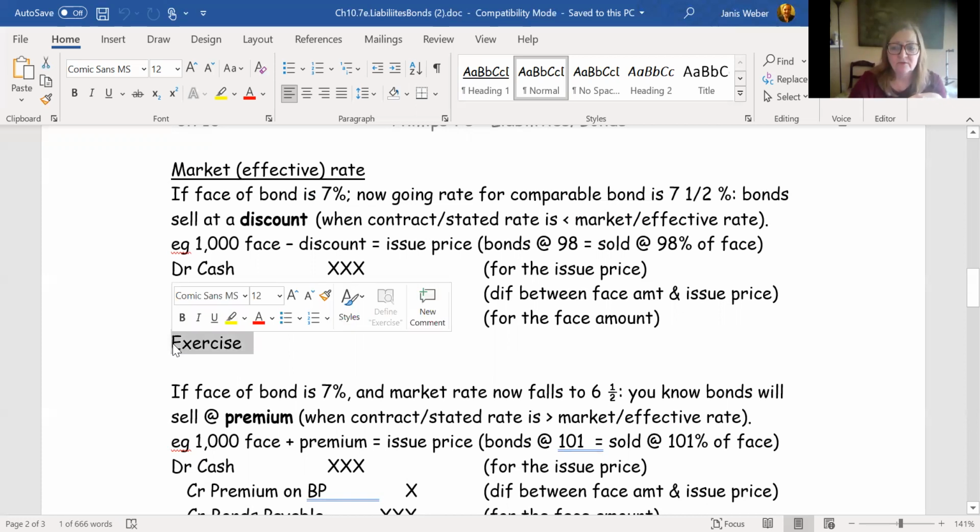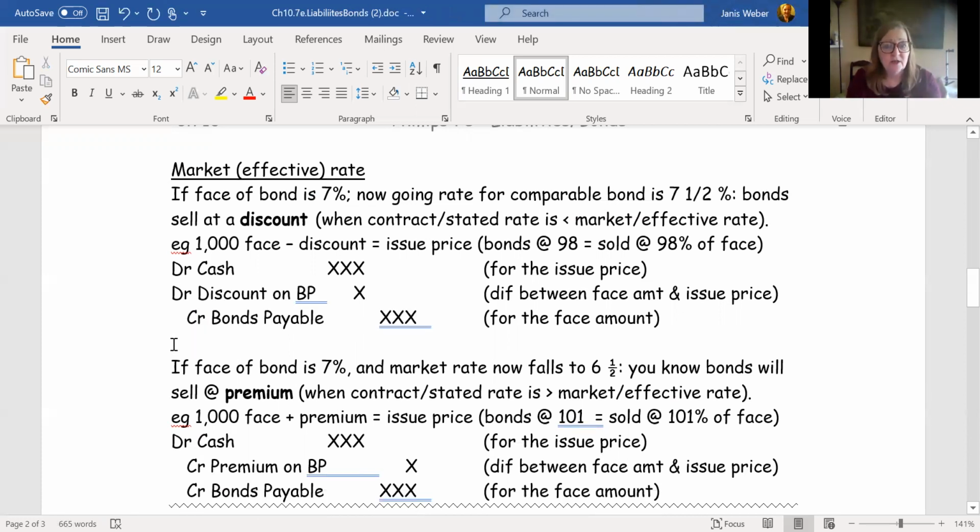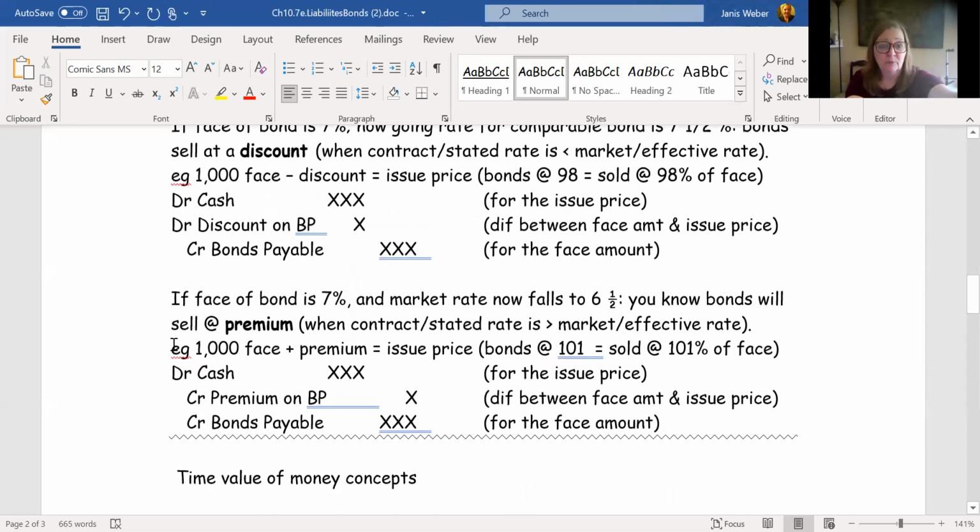We might sell at a discount, and the next thing that might happen is we might sell at a premium. If our bond is paying 7%, but the market has a little shakeup and the other bonds are paying less, like 6.5% maybe, our bonds would sell for a premium because people would want the higher interest rate that we're offering. So if you had a $1,000 bond, the face amount is $1,000, and you're getting a premium on it, the issue price would include that premium.